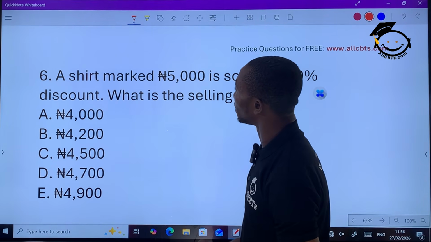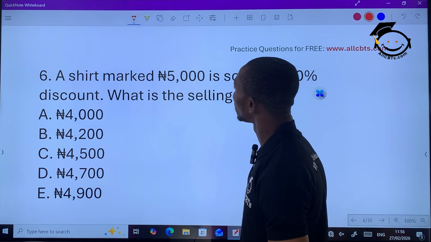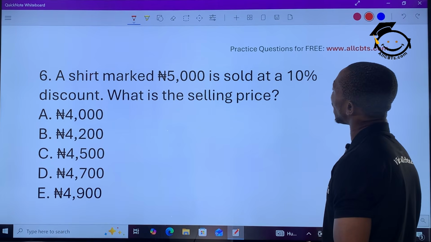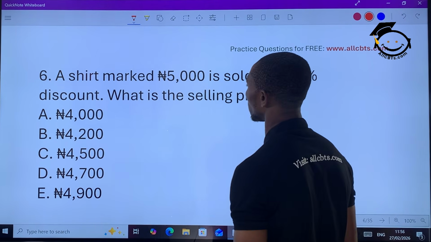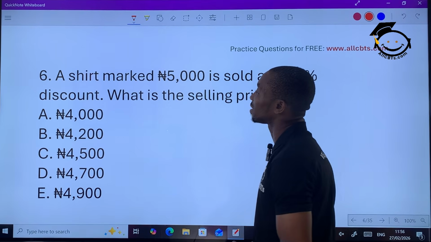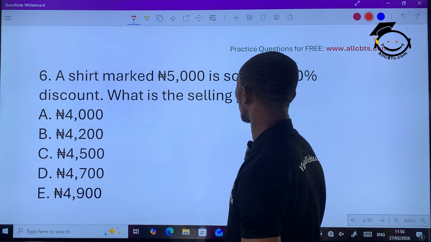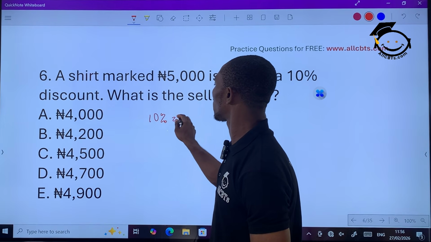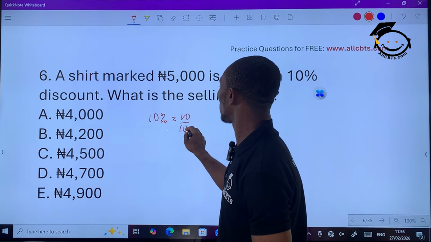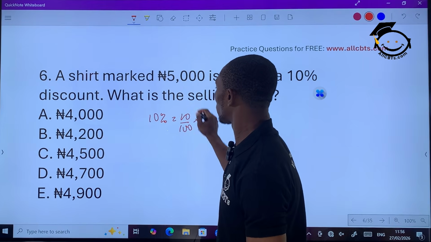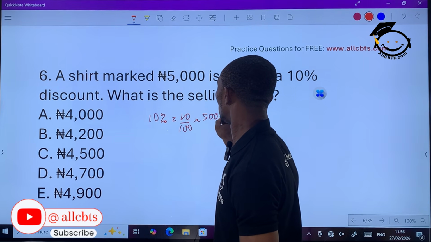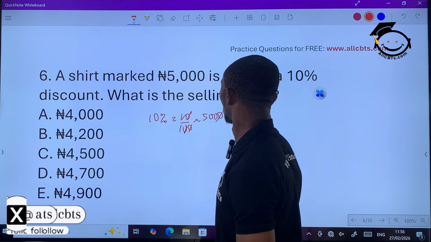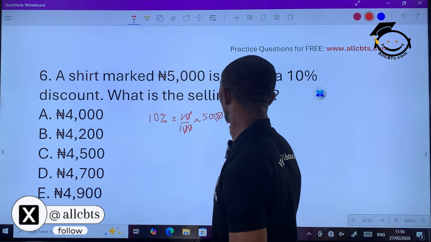A shirt marked 5,000 is sold at a 10% discount. What is the selling price? So we are looking for 10%. 10% is 10 over 100 of the marked price, which is 5,000. That is 500.